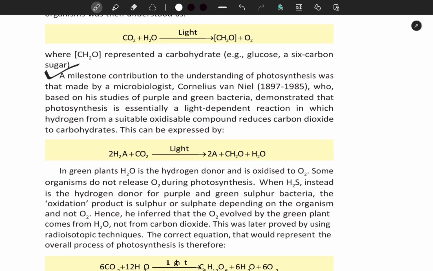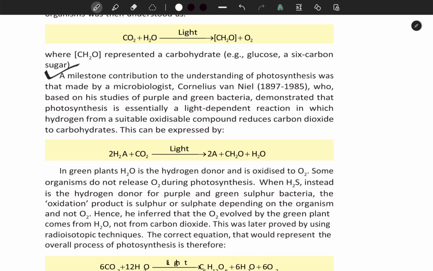A milestone contribution to the understanding of photosynthesis was made by a microbiologist, Cornelius van Niel, in 1897 to 1985, who, based on his studies of purple and green bacteria, demonstrated that photosynthesis is essentially a light-dependent reaction in which hydrogen from a suitable oxidizable compound reduces carbon dioxide to carbohydrates.